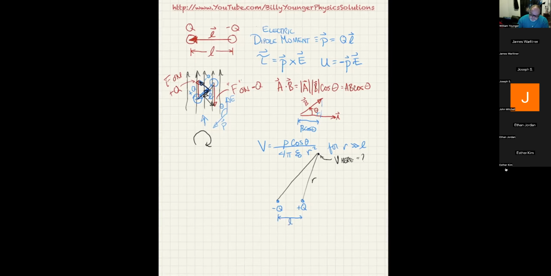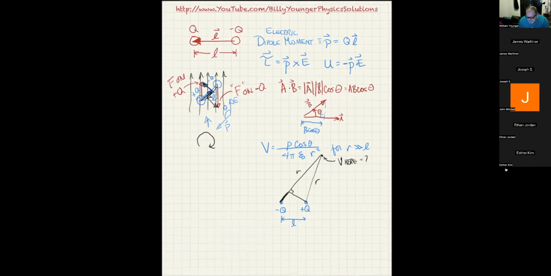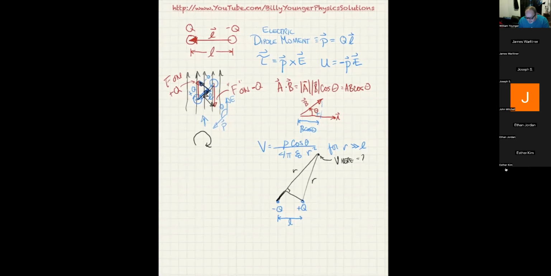But if you make a right triangle out of the long one, you realize this little bit right here is the extra distance that negative Q is from the point than R is, because this is a line and perpendicular to it gives you another R. So both of those are R. And under this circumstance, this is the angle theta that they're talking about.